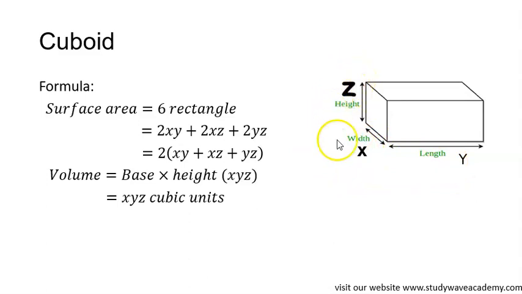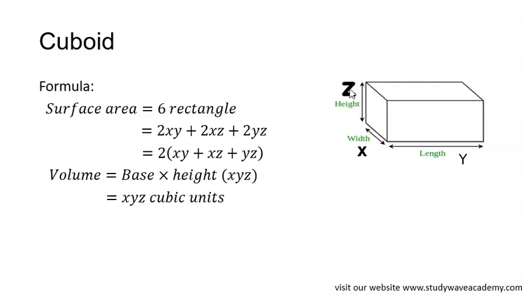Okay, remember I said you can use any letter. You can put A, B, C, whatever letter is your choice. Okay, it's still the same thing, but just know that when calculating the volume, it is the width times the length times the height. Okay, that is the base times the height. Do you understand? You are not confused, right?